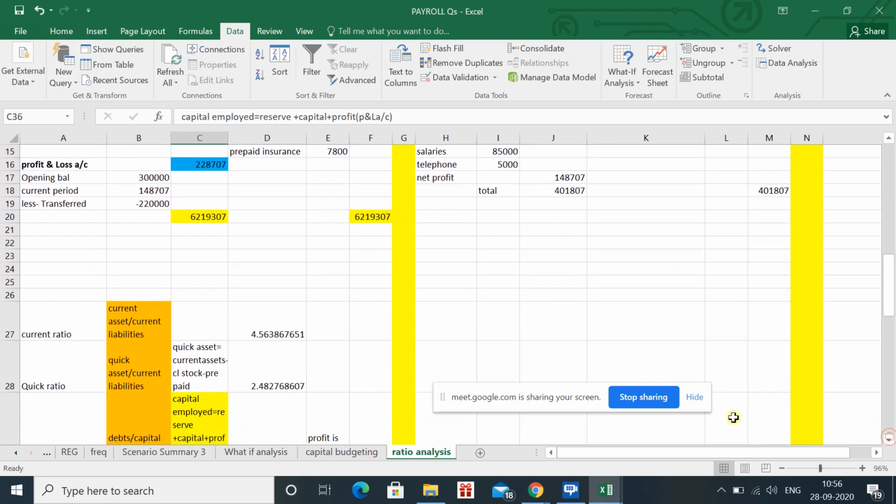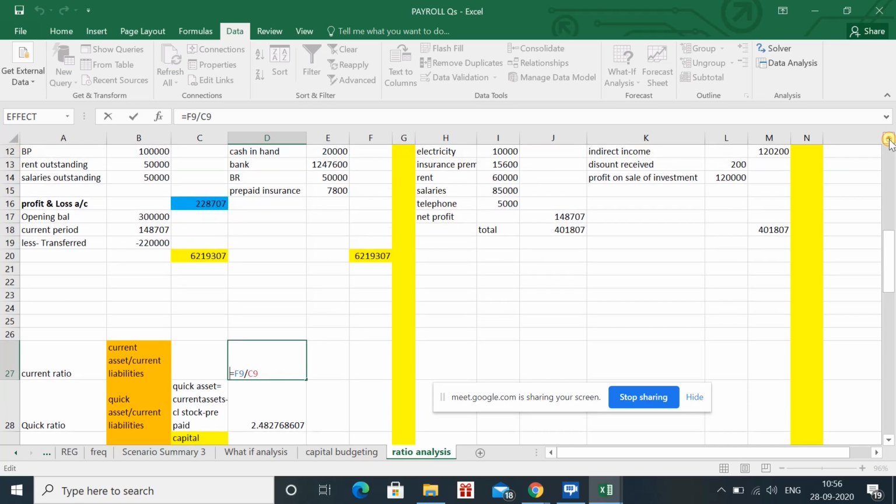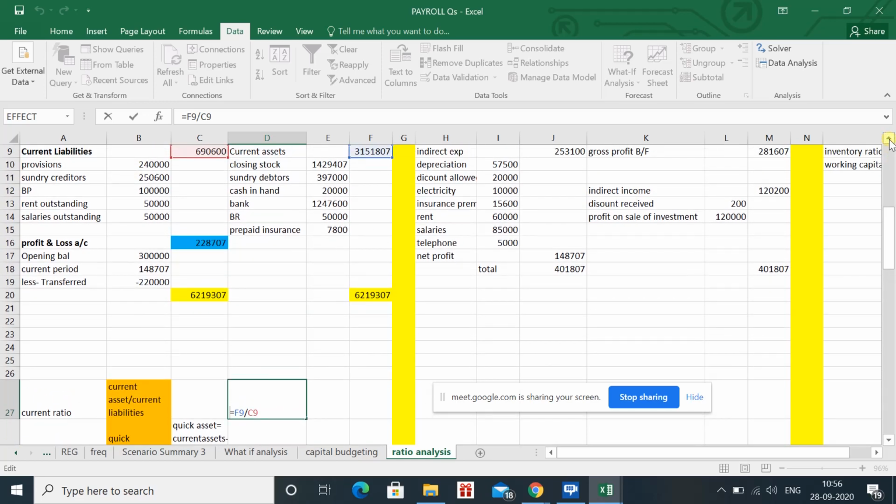This is what we have discussed related to the current question. In case of current ratio, you can see the formula is current asset upon current liabilities. So simply we have to write equal to the cell in which we have written the current asset divided by current liabilities. We can see what is F9 and C9. Now I'm going upward.